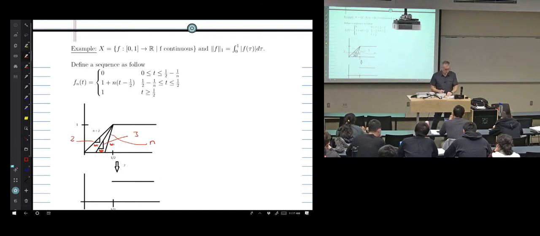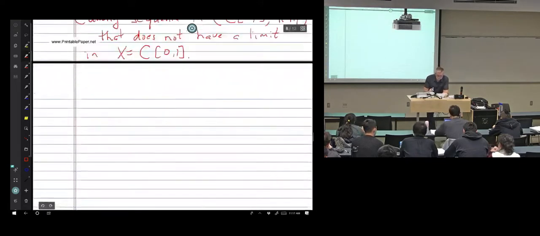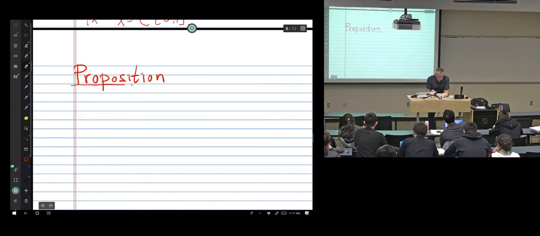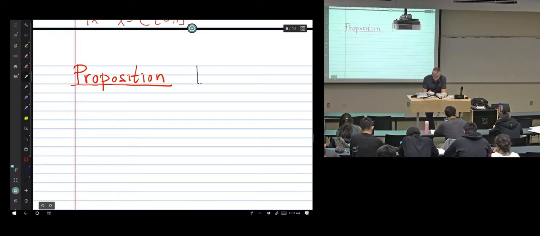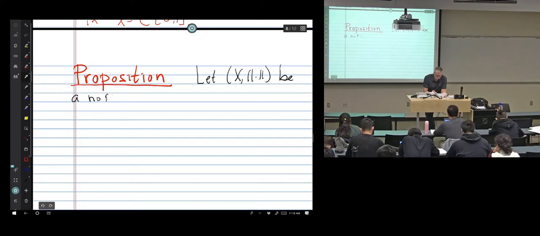Okay, let me see how I want to state this. Proposition. Let X be a normed space.